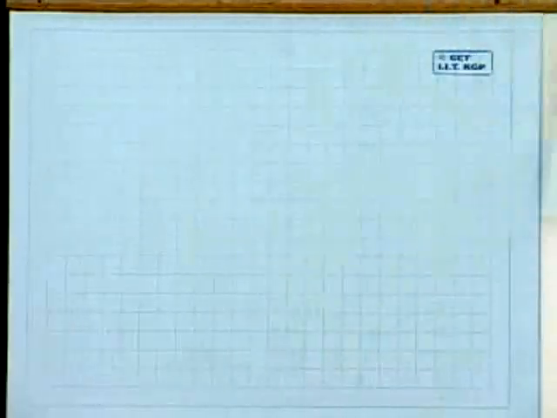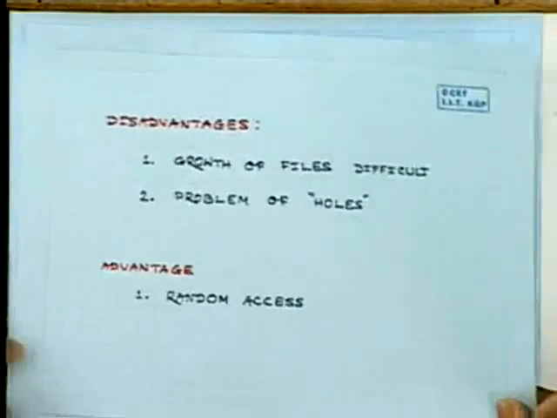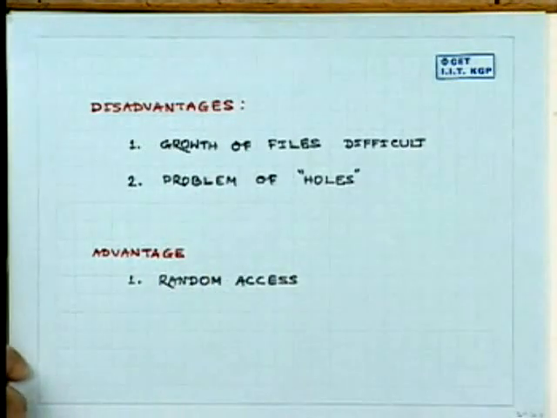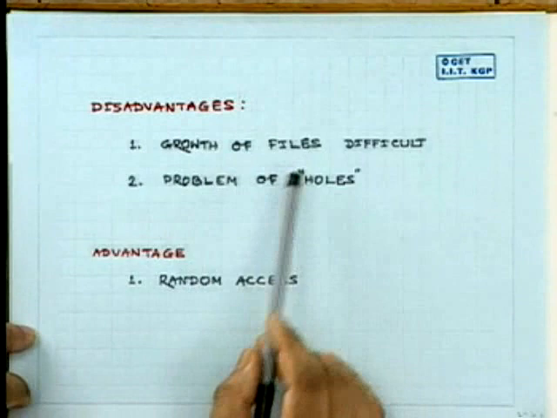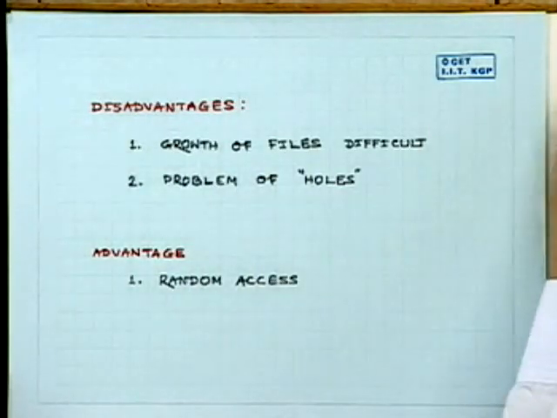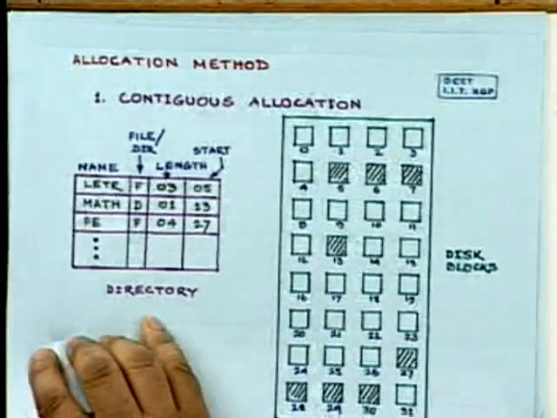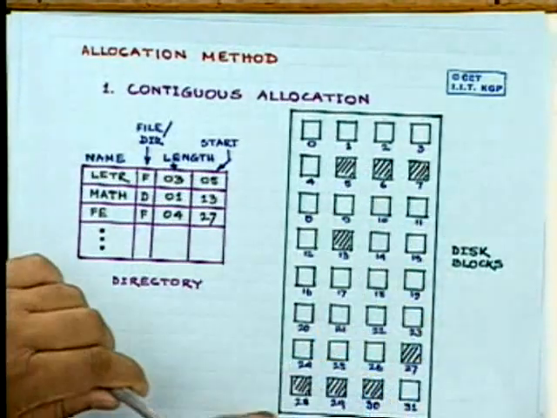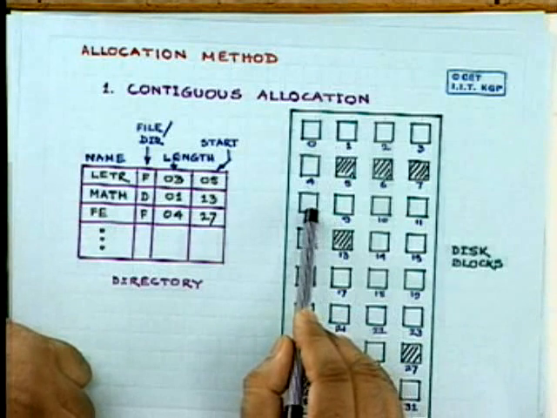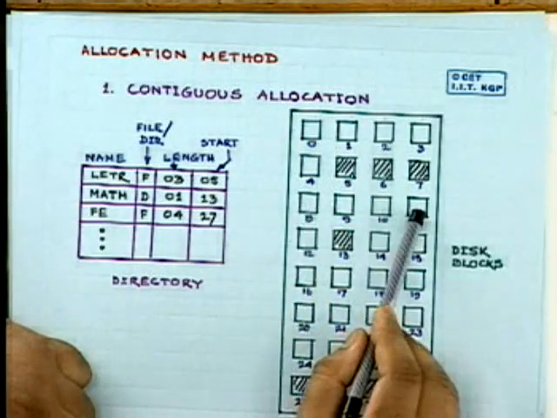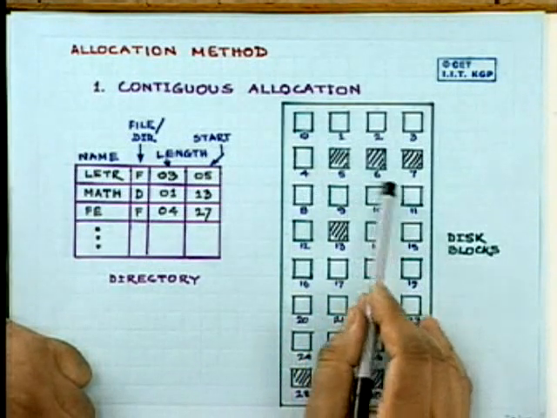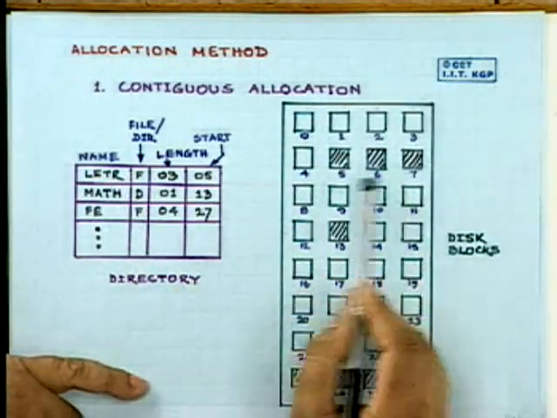Now let's see what the disadvantages of it are. Naturally, the disadvantage is that growth of files is difficult. So, for example, if we want this file to grow, and we find that blocks number 8, 9, and 10 are all occupied, having been allocated to some other file, then this file cannot grow anymore.